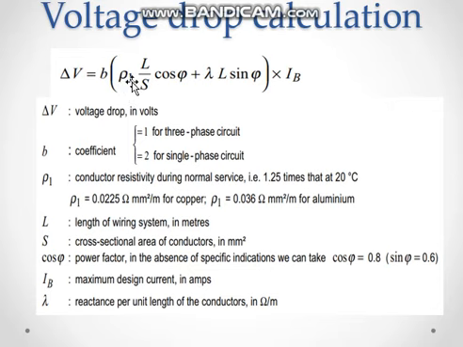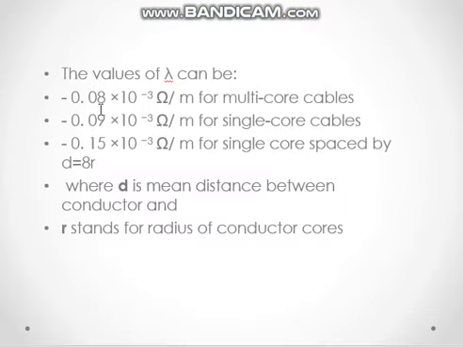This is the resistivity, which is equal to 0.0225 for copper and also 0.036 for aluminium, times the length of the conductor over the cross-sectional area of the conductor, then multiply with cosine phi, which sometimes equals 0.8, then plus this coefficient, which is equal to 0.8 times 10 power negative 3 ohm per meter.